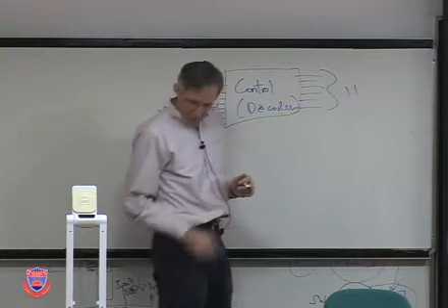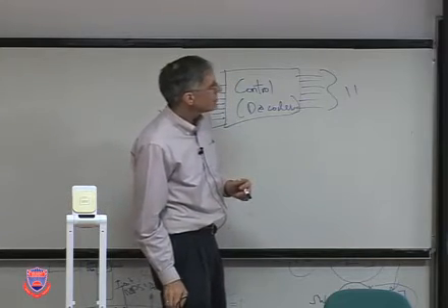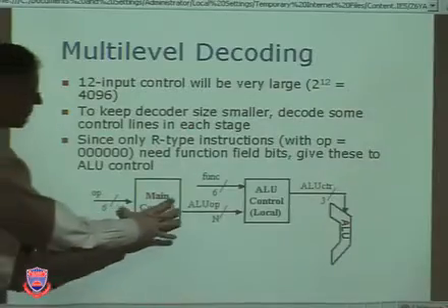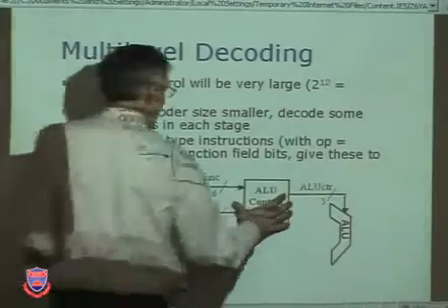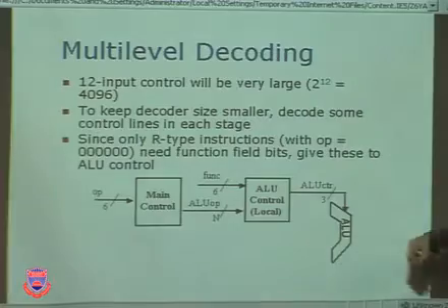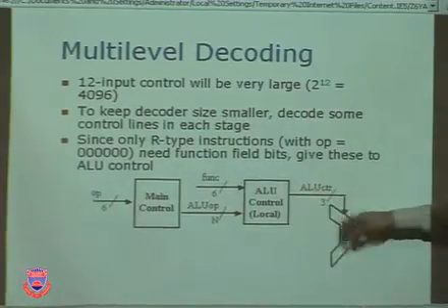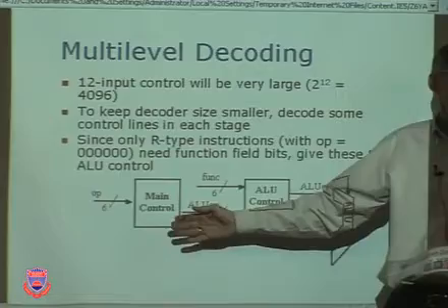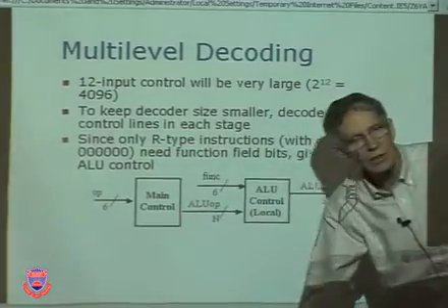What I'd like to propose to you is a much better design approach, which divides the decoding up into 2 levels: main control and local ALU control. Notice the local ALU control just has to give 3 bits to the ALU. The main control has to give the bits to the rest of the data path.